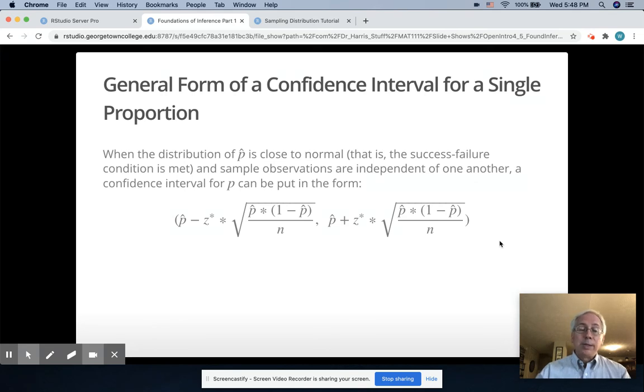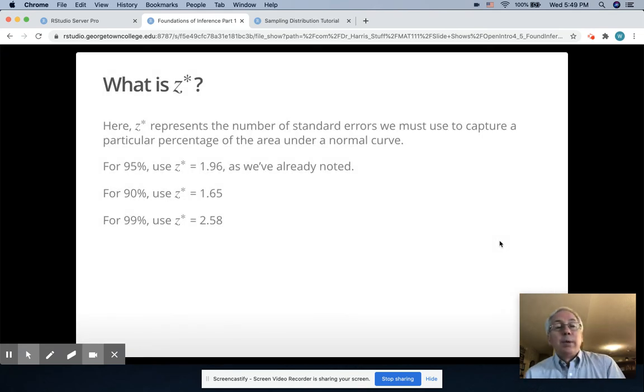So what do I mean by z star? It represents the number of standard errors that I'm going to subtract from, and add to, my sample proportion to get the confidence interval. And so it's the number of standard errors I must use to capture a particular percentage of the area underneath a normal curve.